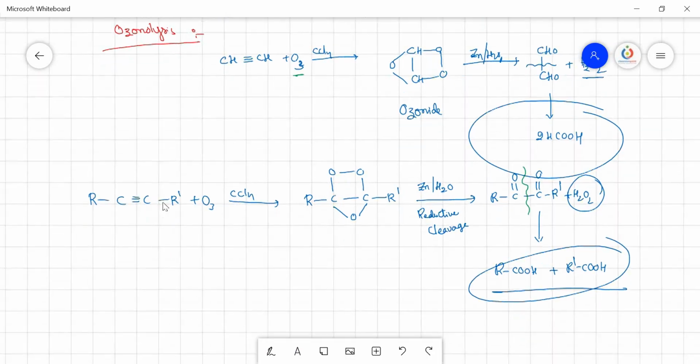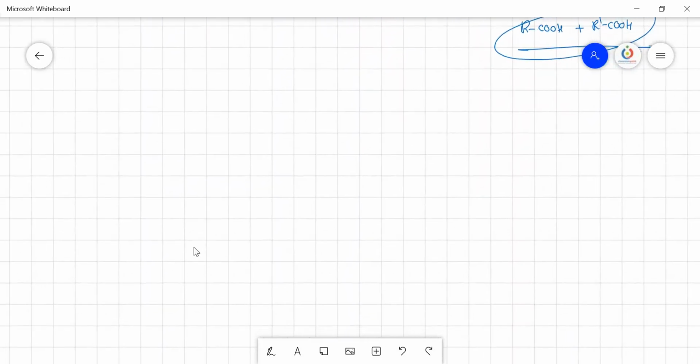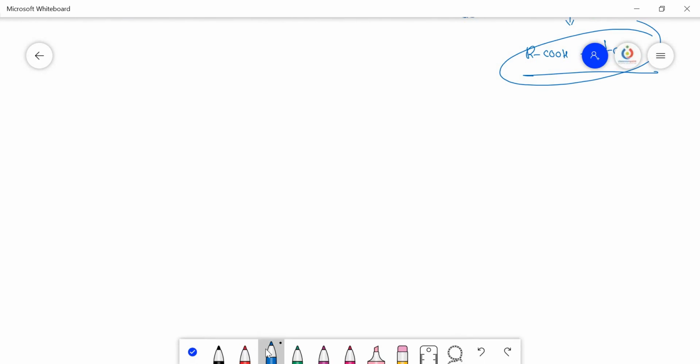So now let us see certain types of polymerization reactions. These polymerization reactions are also known as self-addition reactions.